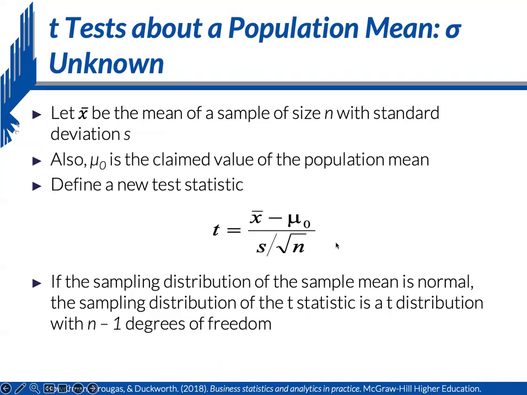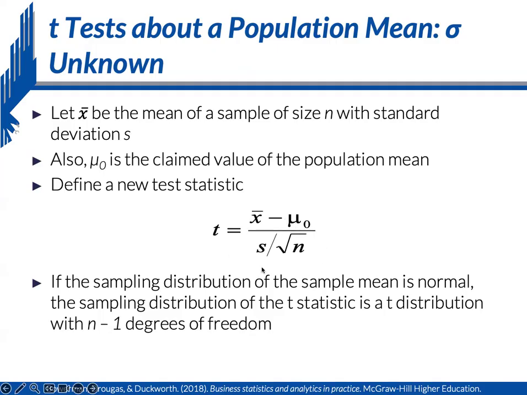Now, the t-test about the population mean also differs from the z-test in terms of the formula for the test statistic. So first, instead of a z-test statistic, we will now compute a t-test statistic. But the overall formula is still very similar to the z-test statistic. So the numerator is still the sample mean minus the constant in the null and the alternative hypotheses.